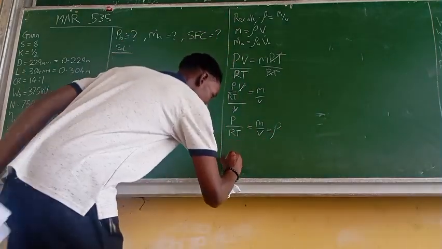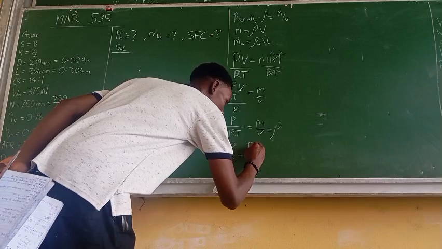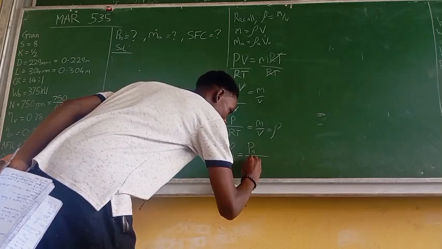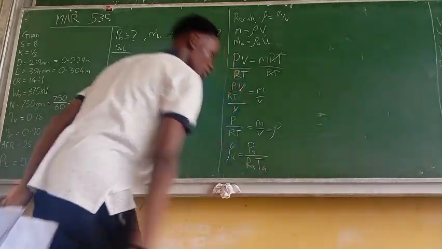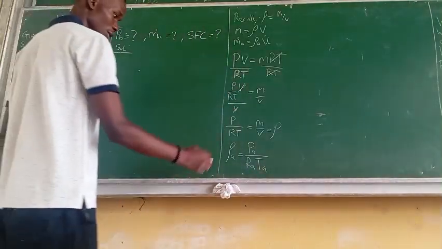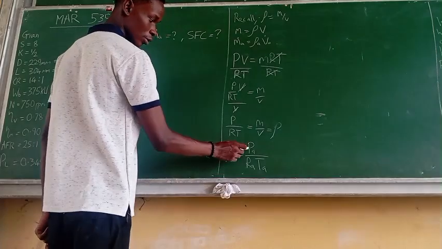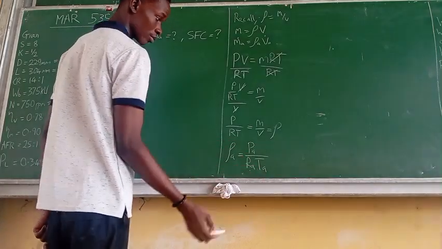So the density of air is equal to the pressure of air over the specific gas constant of air times the temperature of air.